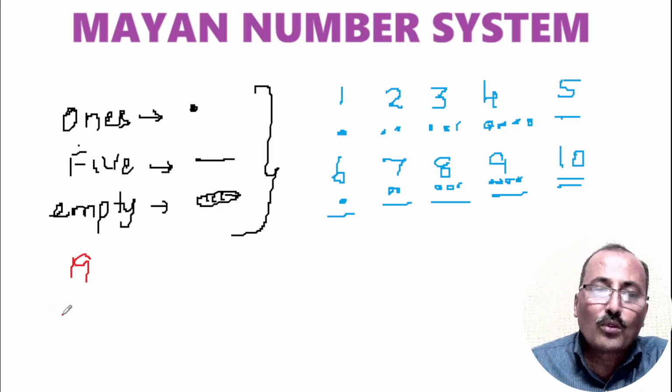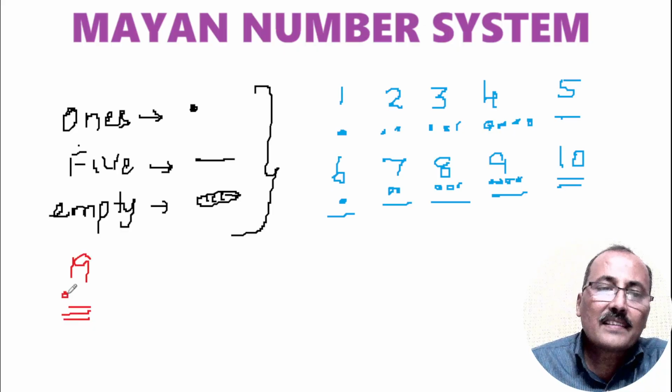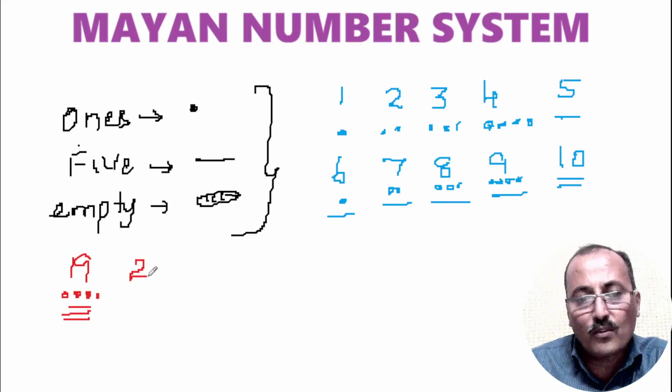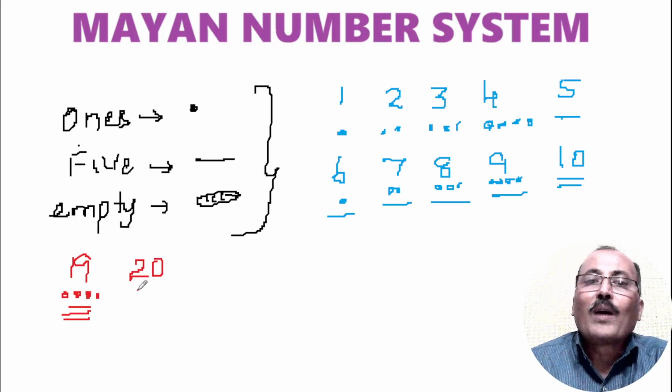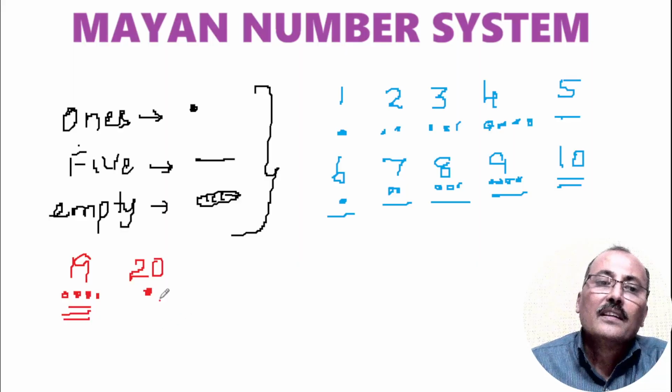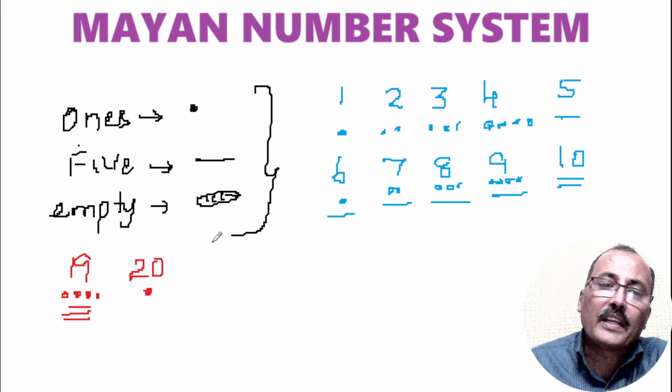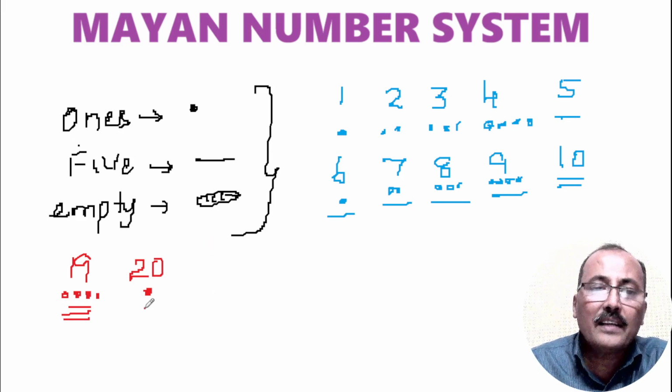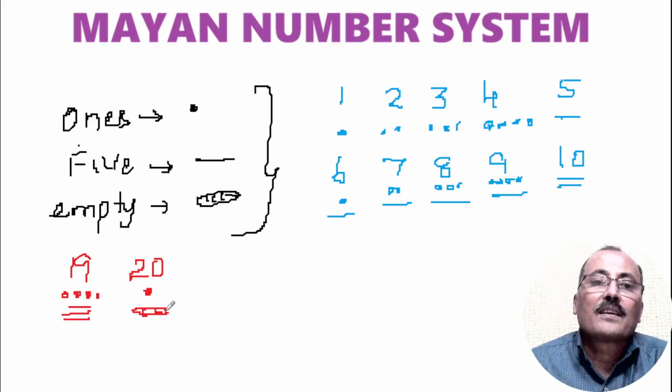For 19, they used 3 bars and 4 dots, covering 15, 16, 17, 18, 19. But for 20, what they did was only 1 dot. Is that okay? No, because that would also be 1 and not 20. So they kept one placeholder in the place of 0.